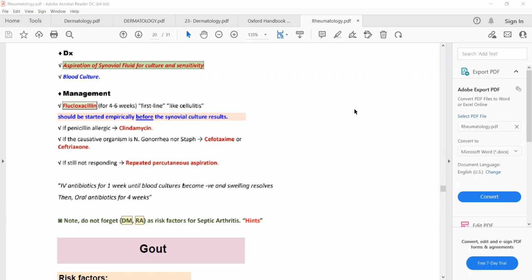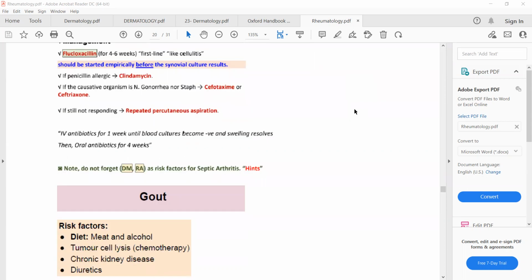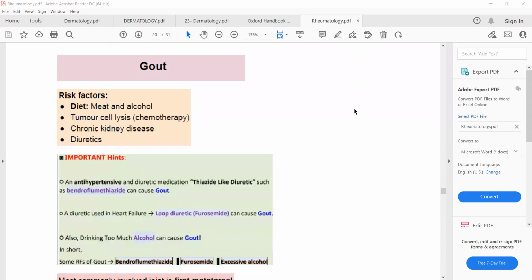Antibiotic flucloxacillin, and if allergic to flucloxacillin, then clindamycin. And if we are suspecting Neisseria gonorrhoeae, then cefotaxime or ceftriaxone. And if someone is not responding to antibiotics, then we need to do repeated percutaneous aspiration as well as continue antibiotics. So this was all about septic arthritis.